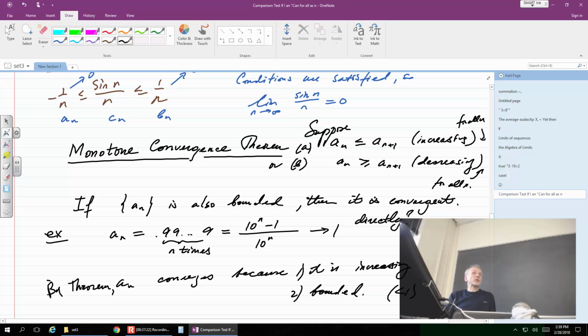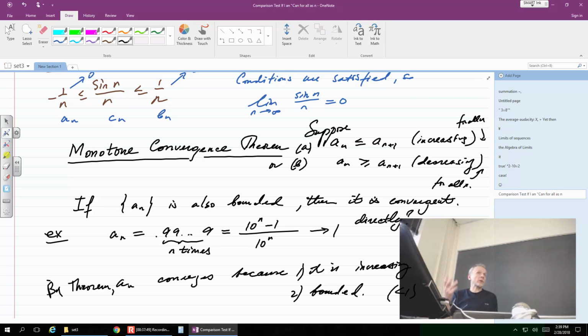10 to the nth minus 1 over 10 to the nth. Replace n with x if you like. So observe, it's exactly what we have been talking about. It's a fraction with both numerator and denominator going towards infinity. So in that sense, it's infinity over infinity. But we get rid of this indeterminacy by means of what?